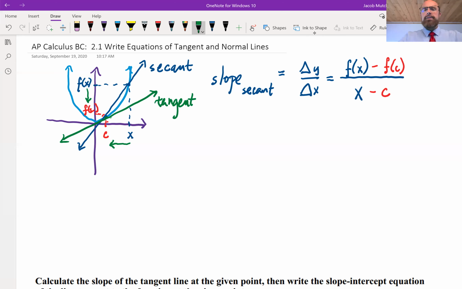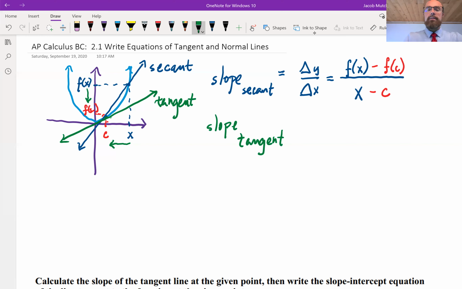The question is then, how do I write its slope? So the slope of the tangent line, if we think of the way that we brought that x value and let it approach c from the right-hand side, and in the same way brought the f of x value towards the f at c value, that's really a limiting process.